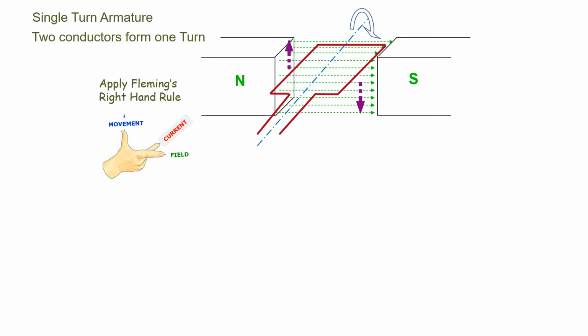Apply the Fleming's right hand rule to the left side conductor. Show the first finger of the right hand in the magnetic field direction, the movement by the thumb upwards, the second finger, which is oriented towards the inside, will show the current direction. In order to generate the current in this direction, the voltage polarity will be as shown.